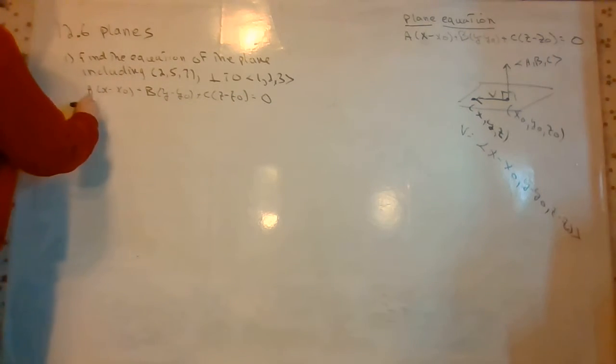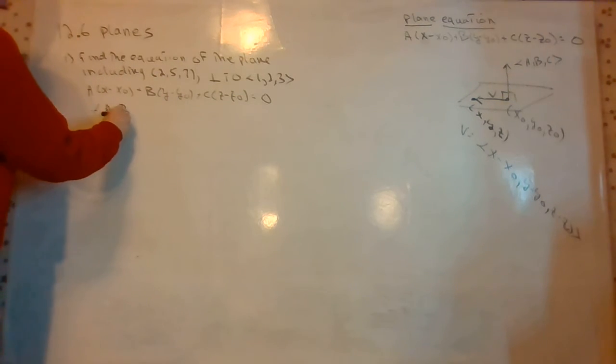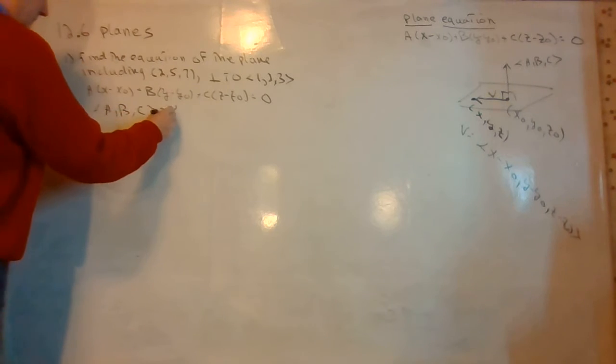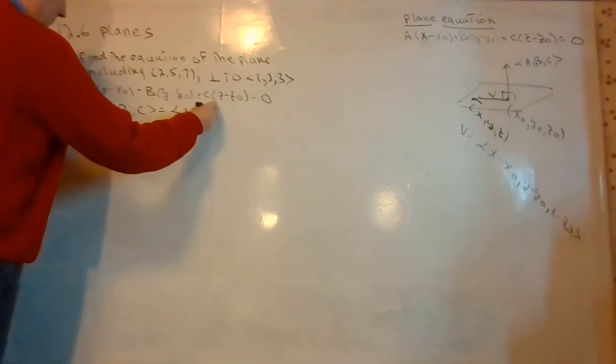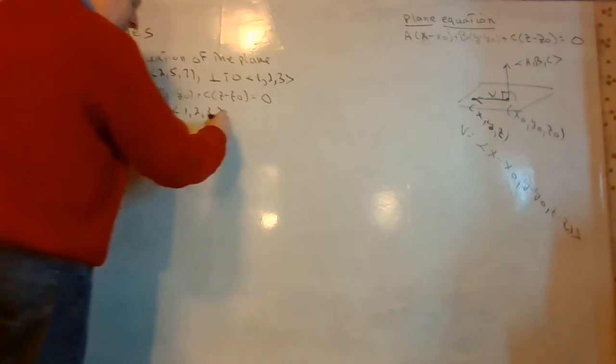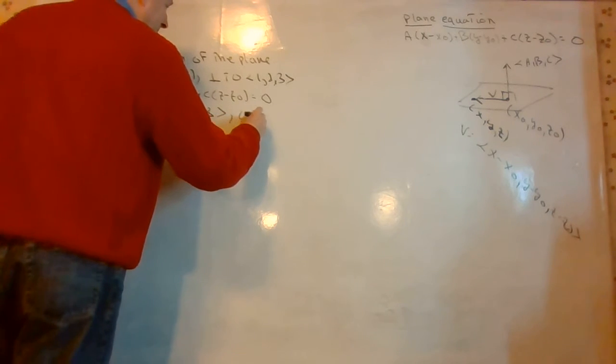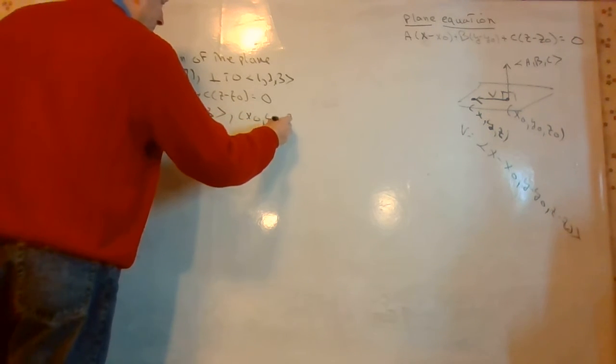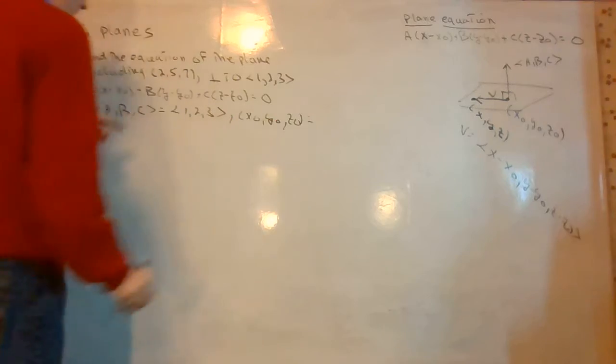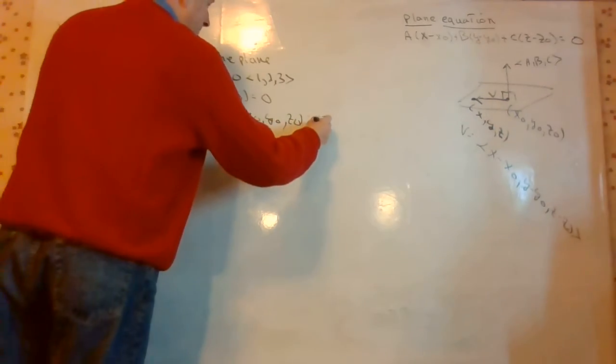And of course you can identify the variables here. And then x0, y0, z0 equals 2, 5, 7.